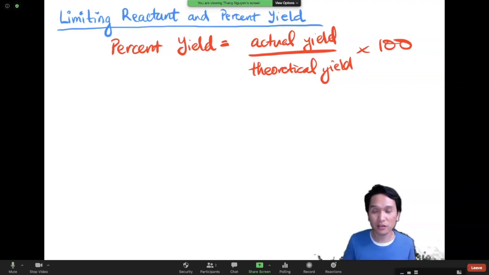And as you may know, if you're just adding reactants into a reaction and it's not being used to its full potential, then it's basically wasting that reactant. A waste of reactant translates to a waste of money, so lower profits. So this is hugely important in the pharmaceutical industry, for example, or even in the lab, right? We do not want to create unnecessary waste. So we want to have a high percent yield when we do a reaction.